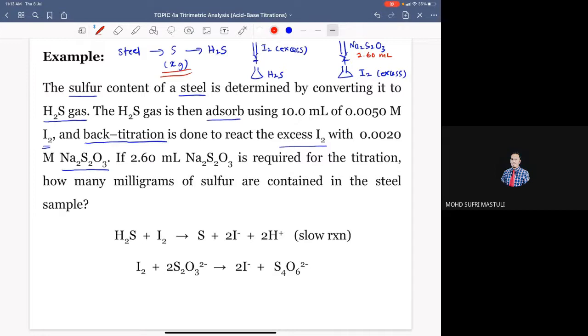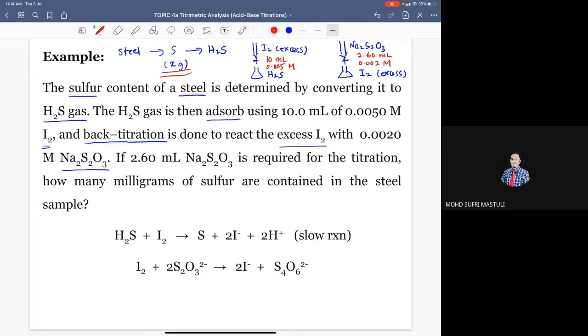The iodine excess in 10 ml, 0.005 molarity, and then titrated with 0.002 molar sodium S2O3, if 2.6 is required, and then how many gram.